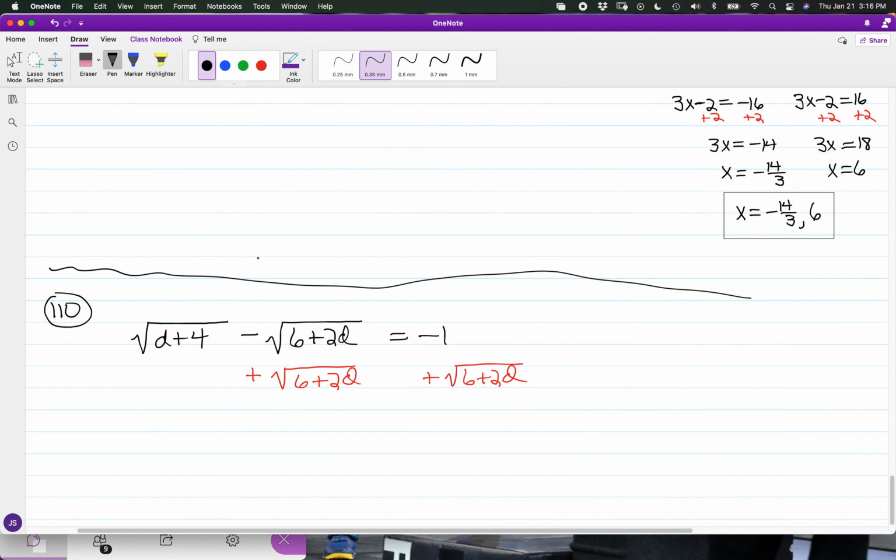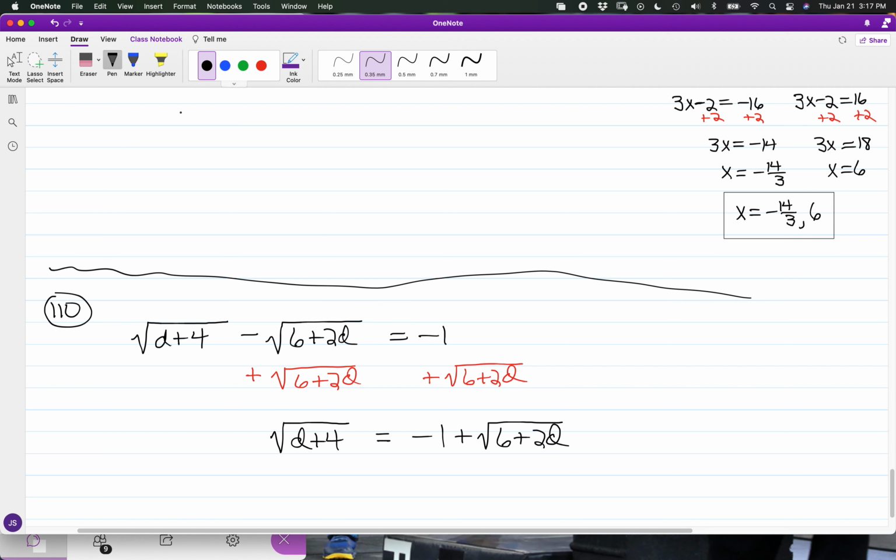So to the left, I'm going to have just the square root of d plus 4. Again, we have equal to negative 1 plus the square root of 6 plus 2d.